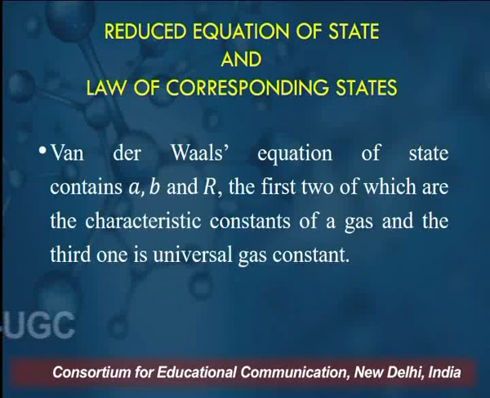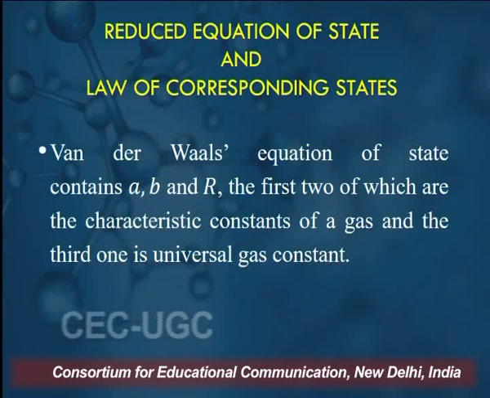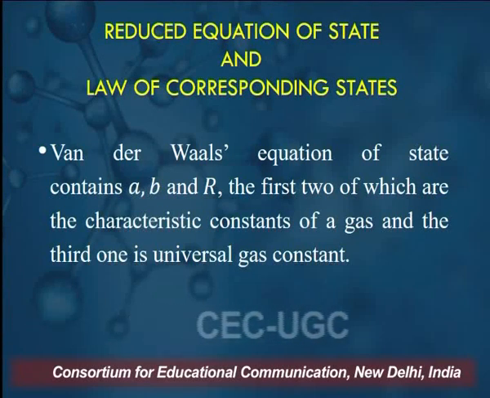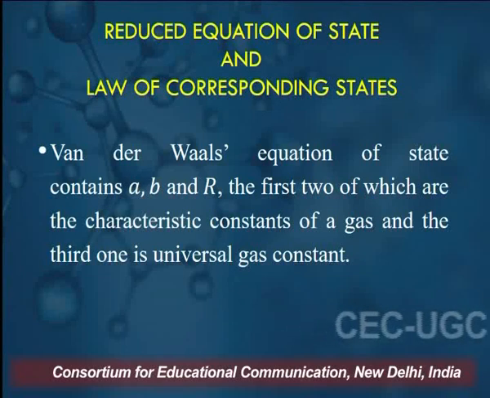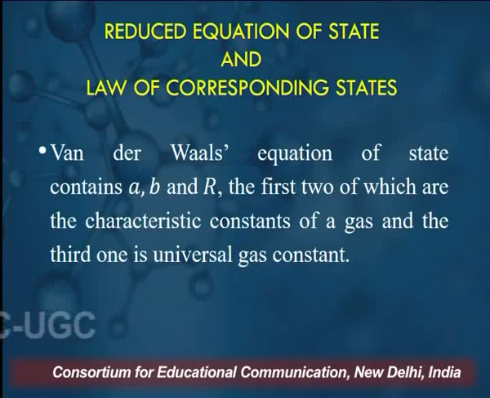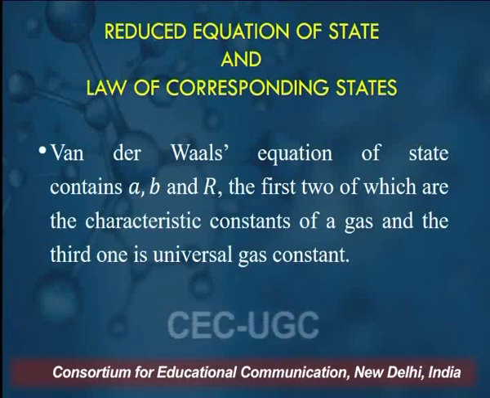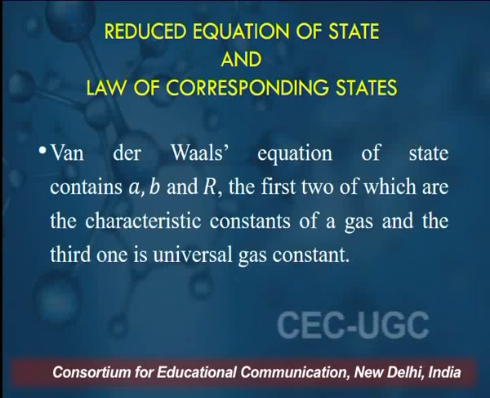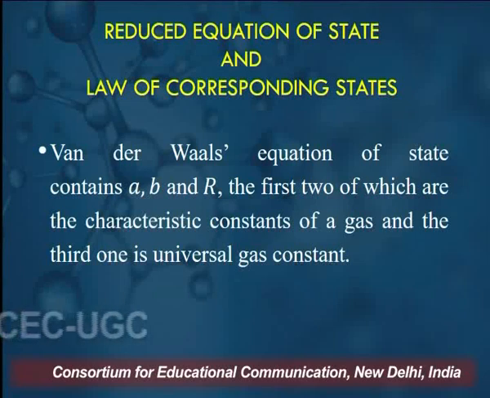Next, let us calculate the reduced equation of state, which is also called the law of corresponding states, for a van der Waals gas. It is seen that the van der Waals equation of state contains a, b and R, the first two of which are the characteristic constants of a gas, and the third one is the universal gas constant.